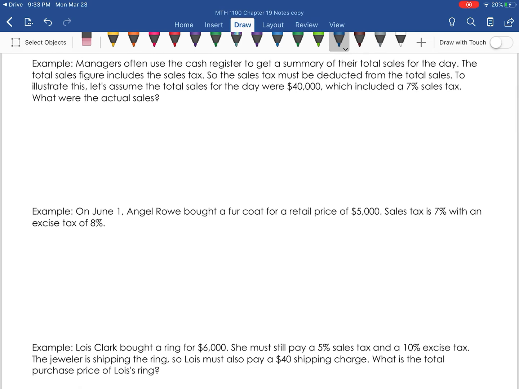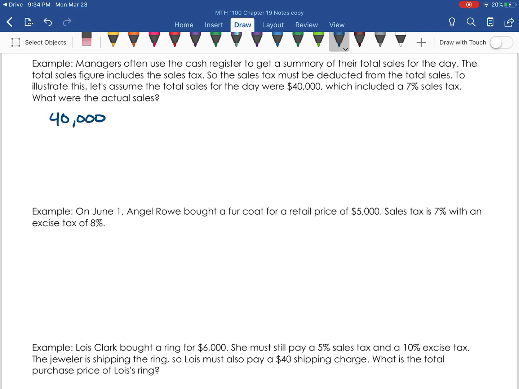Okay, the second example. It says managers often use the cash register to get a summary of their total sales for the day. The total sales figures include the sales tax, so the sales tax must be deducted from the total sales. To illustrate this, we're going to assume that the total sales of the day was $40,000, and this included the 7% sales tax.